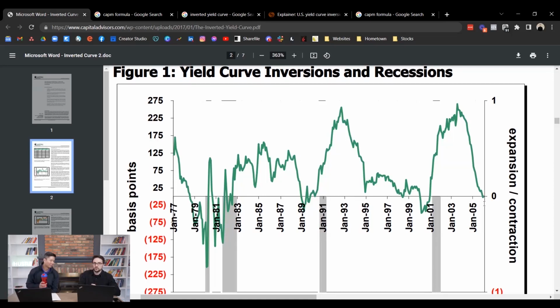That'd be 2007, which is when, obviously, we had the recession in 2008, the financial crisis. So the green line is the yield curve. When it dips below that zero line, it's inverting. The gray bars underneath are recessions. And so it's a very, very good track record for this predictor.